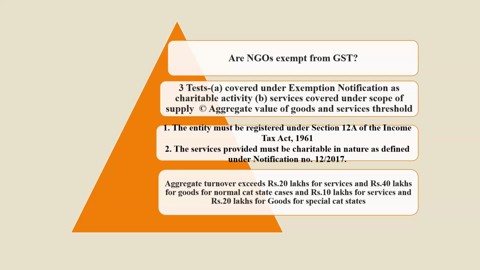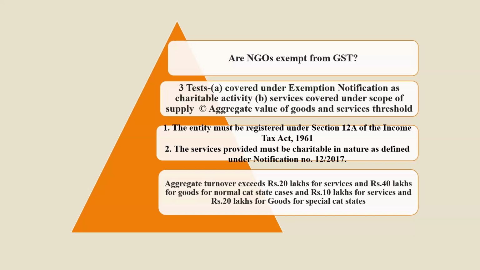The goods threshold is 40 lakhs for normal states, and 20 lakhs for special category states. As far as services are concerned, the threshold is 20 lakhs for normal states and 10 lakhs for the special category states.